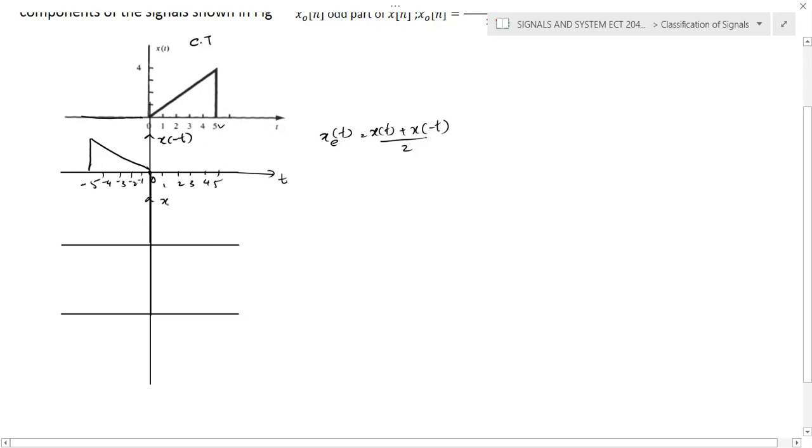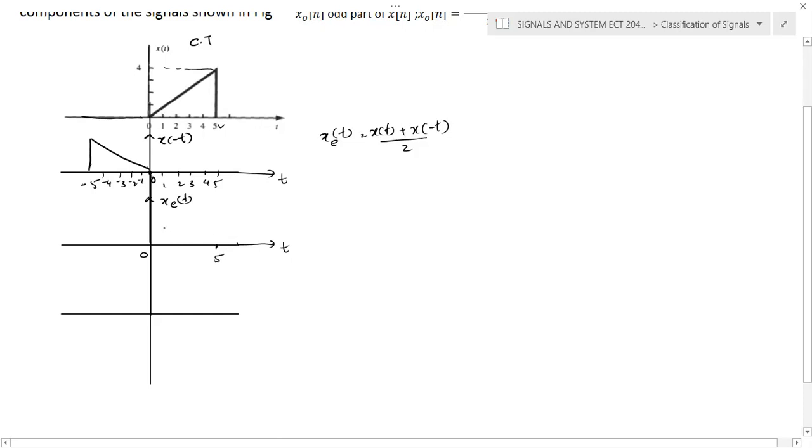Now we need to find out xe of t, or its even component. So in order to find the even component, we need to add x of t and x of minus t. If you look at this particular waveform, it's a continuous time signal. So it's very difficult to evaluate by point. So we need to get an overall waveform, that's all. So we can start from here, and 0 to 5 we need to observe.